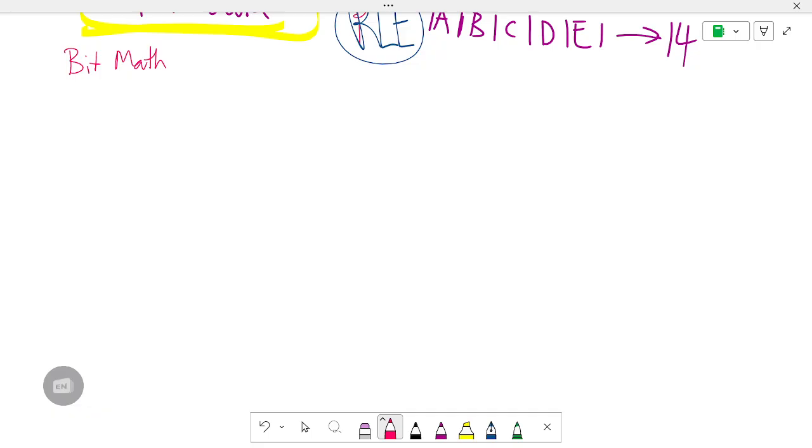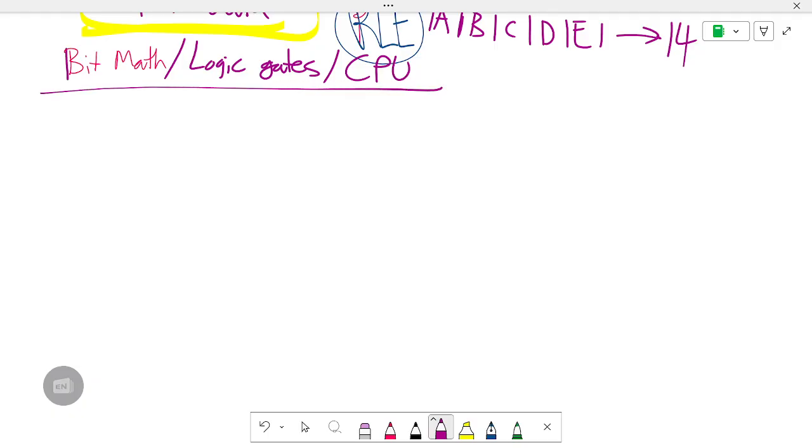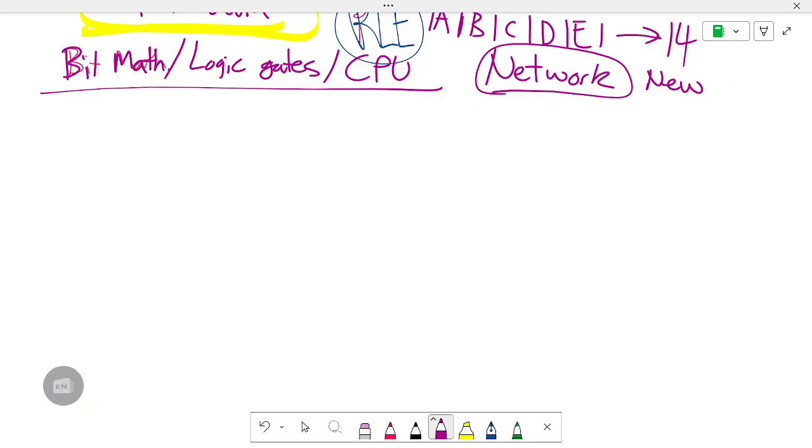Logic gates and CPU is the last thing. The networking I'm not going to do because it is new and you should already have it in your brain. We just want to review the things that we may have forgotten so long ago: bitwise math, logic gates, CPU.